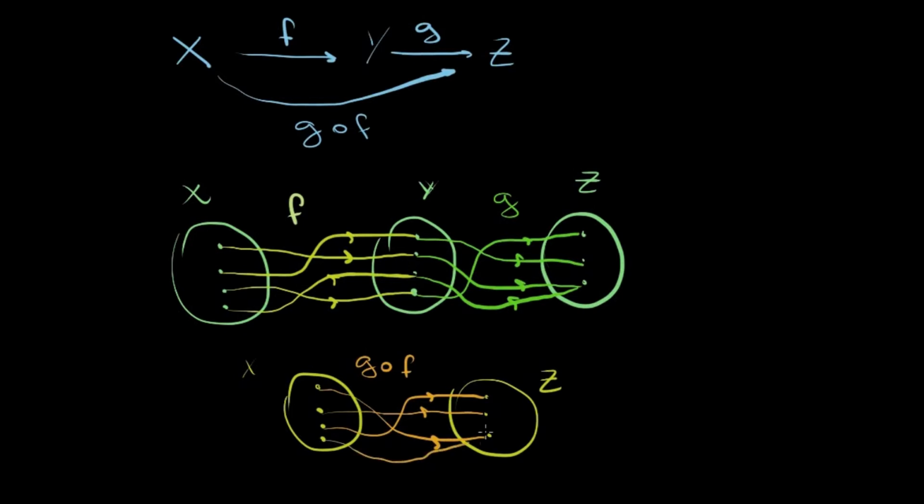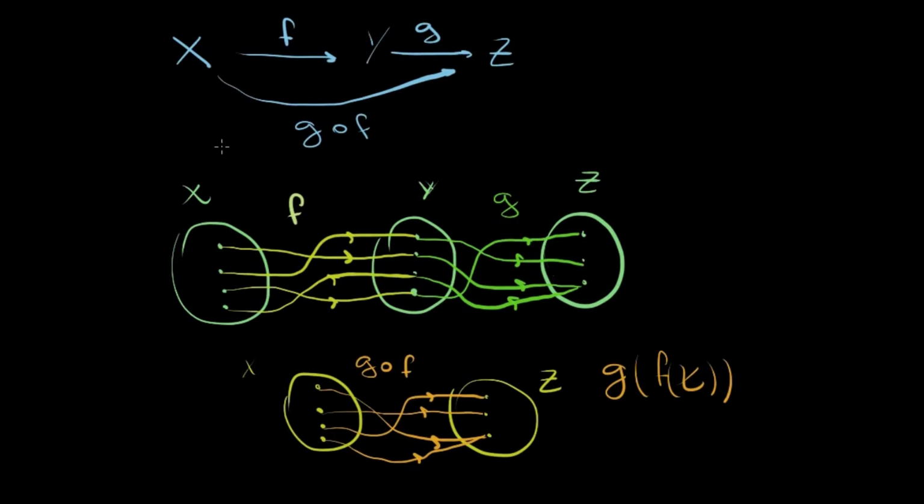So this one goes directly to the last element, and this is the composition. So what we do is we take an element x, we see what f gives us, an element of Y, and then we see how g works with this element. This is what we do, and that's the definition of the composition.